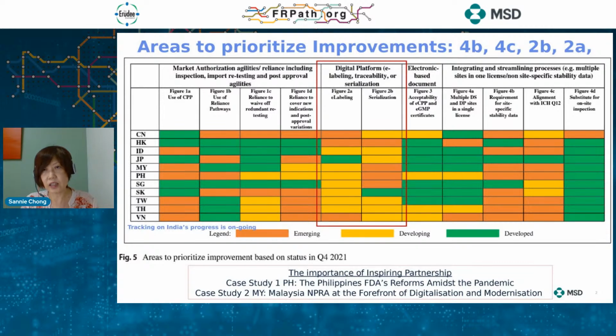And the second indicator we looked at is what we call the requirements for site-specific stability data, 4B. So when you think about reliance, the evaluations already done by the stringent authority is being leveraged. Theoretically it should be just a common set of data requirement, right?